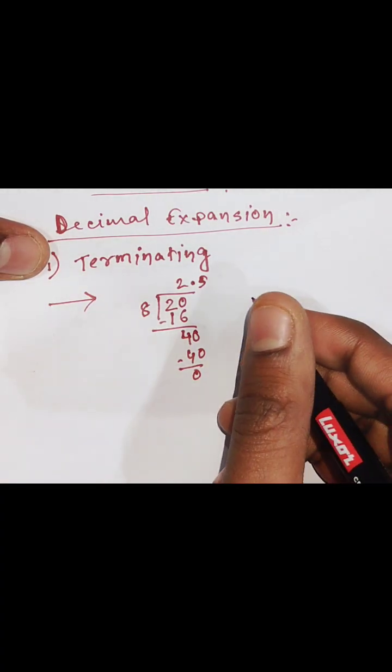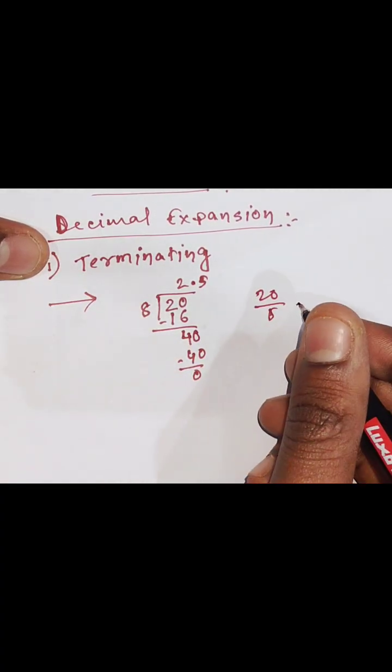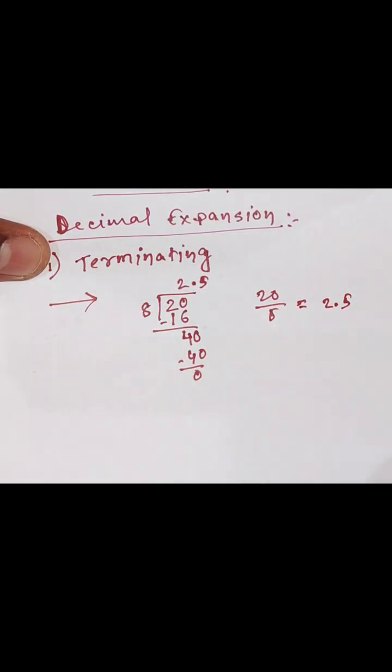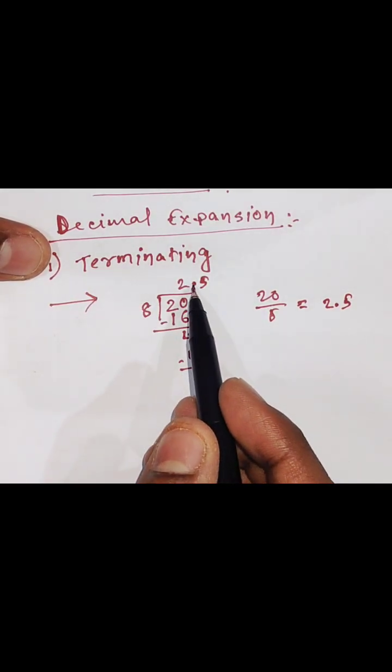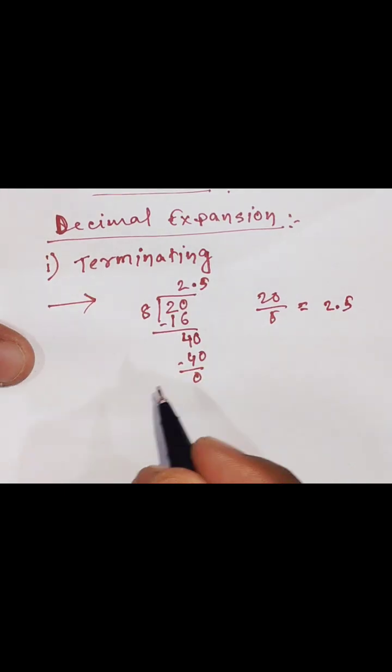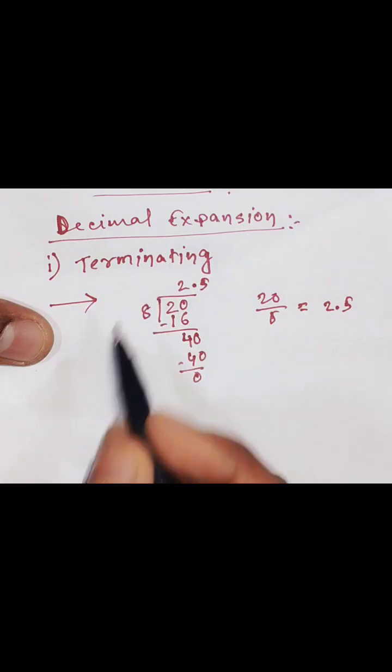So 20 by 8 equals 2.5. So 2.5 has a fixed number of digits, so we'll say its decimal expansion is terminating.